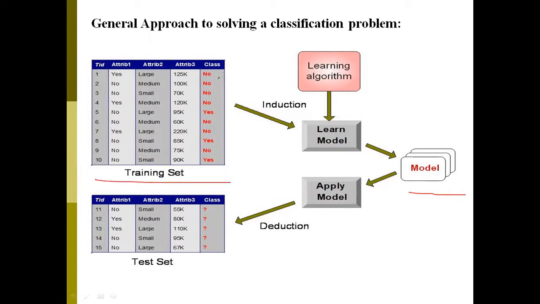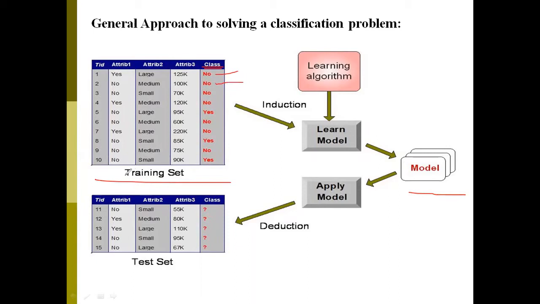This training set has 5 attributes, including the class. Under the class attribute, each record may have class labels.